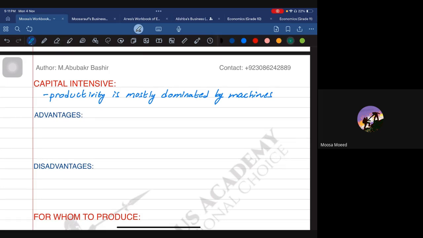And the advantage of the capital intensive is that there is going to be 24-hour productivity. There is high quality because machines are more standardized in making the product. There is less wastage of resources. Cheaper.